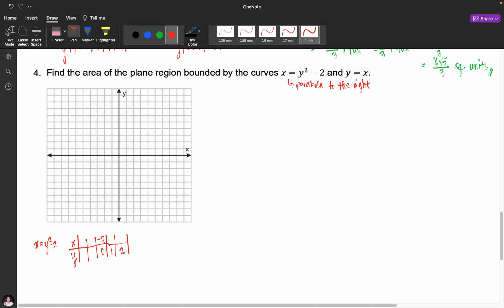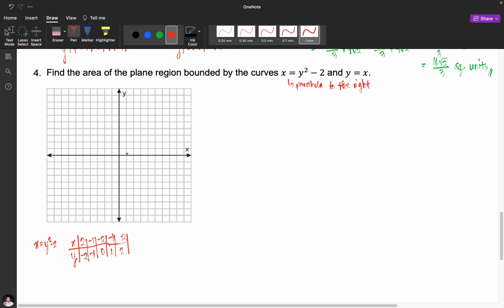So this is 1, 2, and negative 1, negative 2. So when y is negative 2, negative 2 squared is 4 minus 2, so we have 2. Negative 1 squared is 1 minus 2 is negative 1. 1 squared minus 2 is negative 1. And 2 squared, 4 minus 2 is 2.